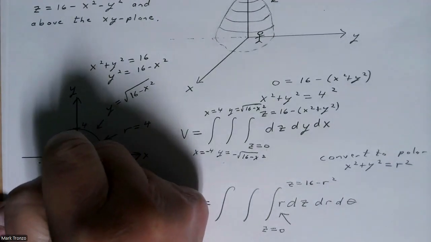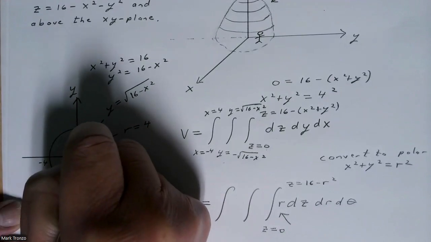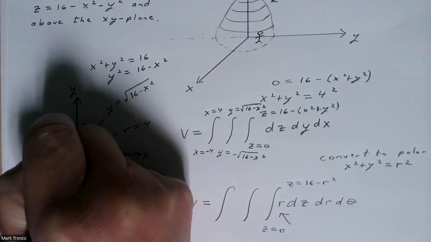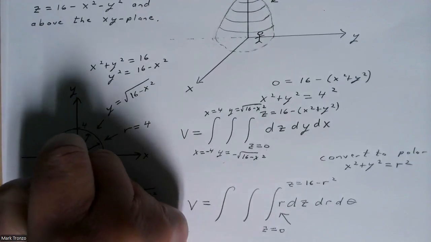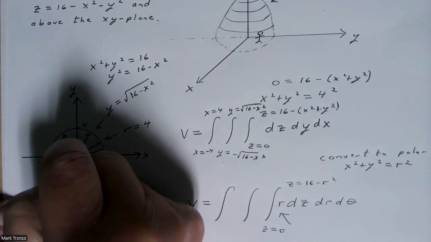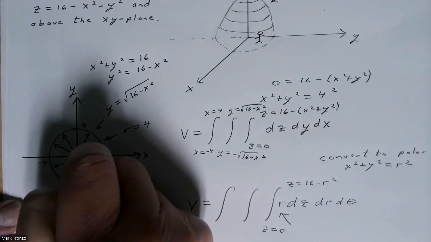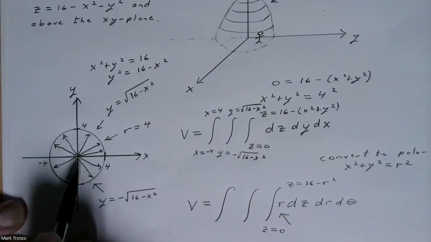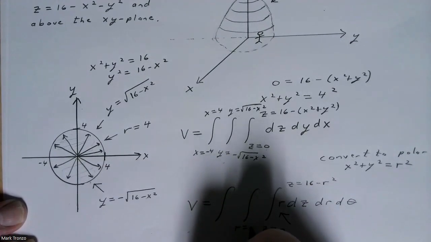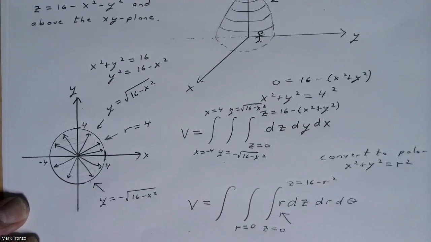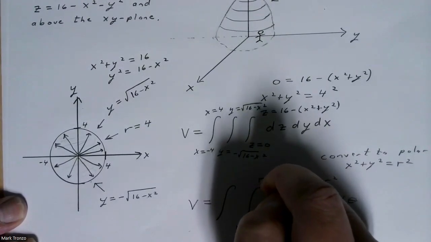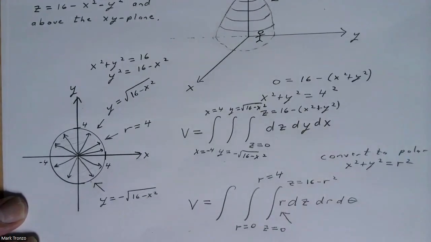So if you want to do r first, put arrows in the positive r direction. Like this, where the arrows start, that's the lower bound because they're all starting at the origin. So there, r is of length 0, and they're ending on the equation r equals 4.